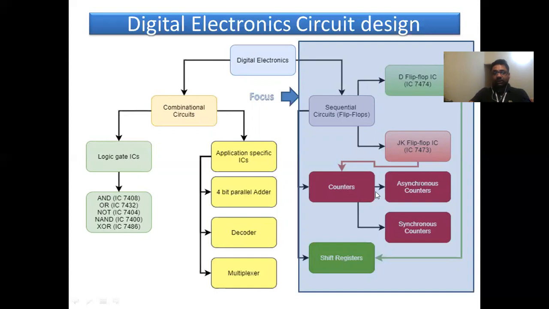We are going to discuss how to design an asynchronous counter, and similarly how to design a synchronous counter. This counter design, synchronous as well as asynchronous, is implemented using IC7473, that is a JK flip-flop. Now, one important point to be noted here: IC7473 has a negative edge trigger clock.